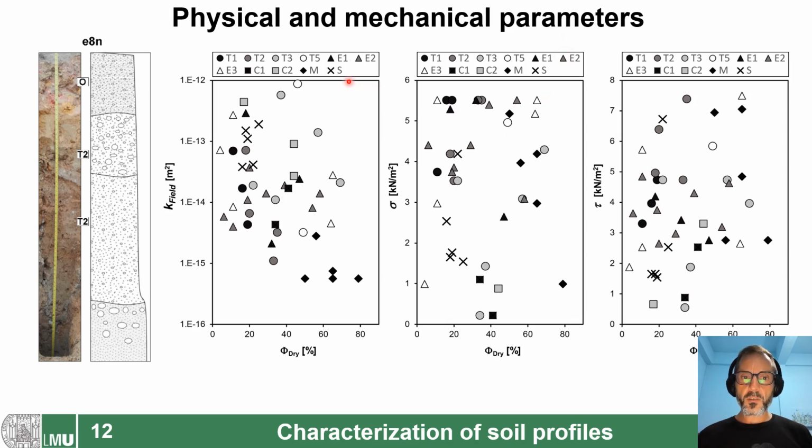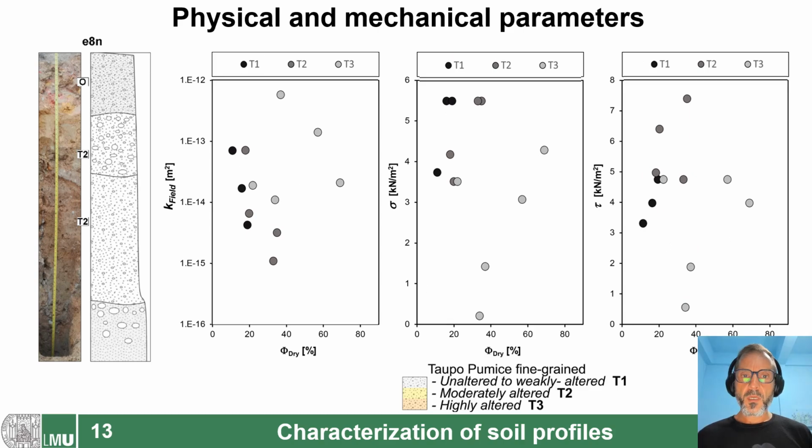Now to show this, I'm just going to select some of the material, for example, from the Taupo deposits in its fine to mid grain size type of soil. So throughout the undisturbed and excavated sites, the silt and sand-rich Taupo pumice layers exhibit a variety of porosity, permeability, compaction, and alteration.